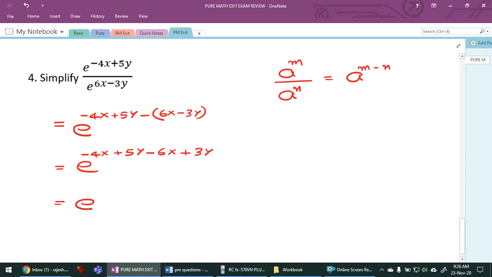So e power minus 6x minus 6y... minus 4x minus 6x, both are minus, so 4 plus 6 is 10, so minus 10x. 5y plus 3y is 8y. So this is the answer.